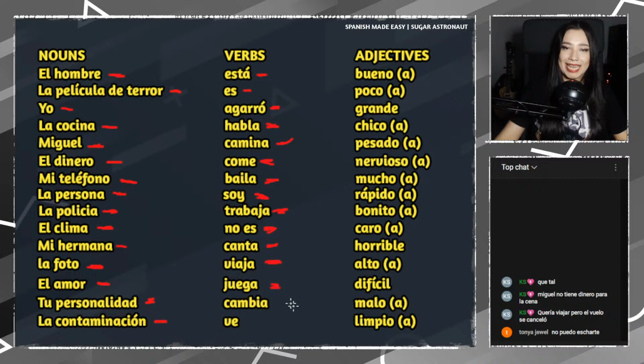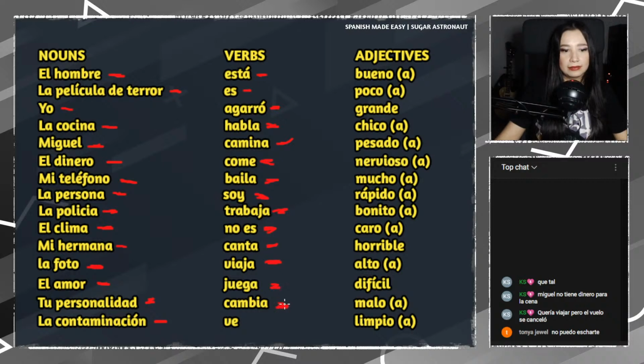Juega, play, as in playing sports and just playing in general. Not playing a musical instrument. It's more like playing a sport or something that you do for fun. I mean, you can play an instrument for fun as well, but it's not about music. That's what I wanted to say.